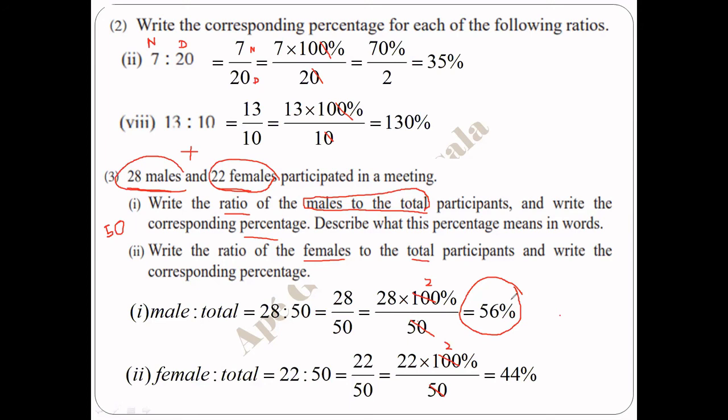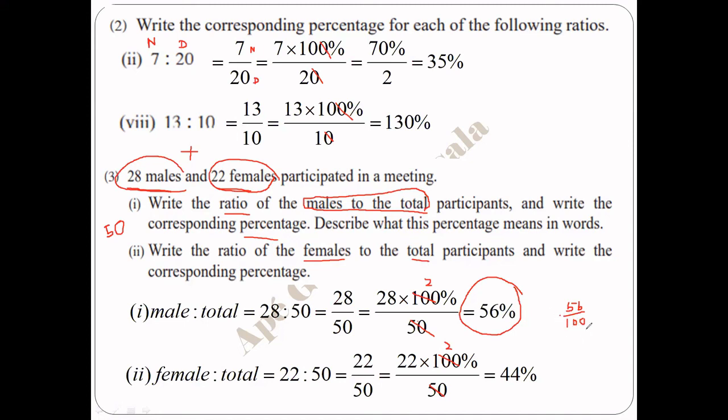Can anyone tell how to describe this? In a percentage, 56% is similar to 56 over 100, because the percentage sign means denominator 100.